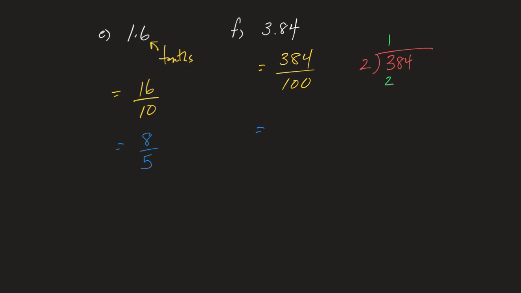Because 1 times 2 is 2. What's left over? Bring down the next digit. How many times does 2 go into 18? 9. Why? Because 9 times 2 is 18. I have nothing left over. Bring down the next digit. How many times does 2 go into 4? 2. Why? Nothing left over.